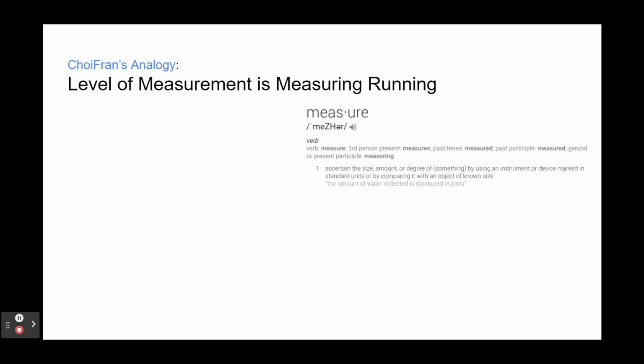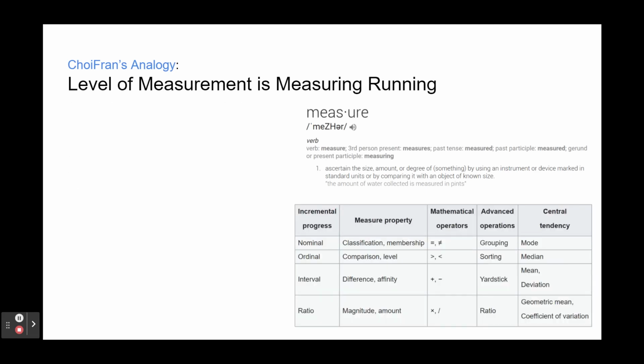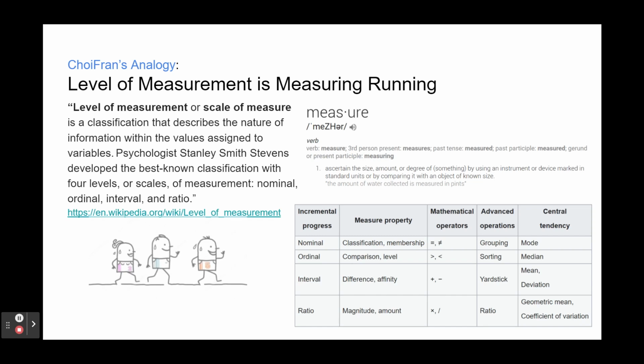Now, measurement: nominal, ordinal, interval, ratio, fine. Let's talk about this. How many human beings are running? Three. We call it count data. We see the world, and the world is three humans running.